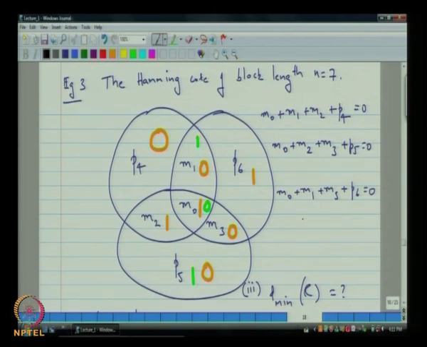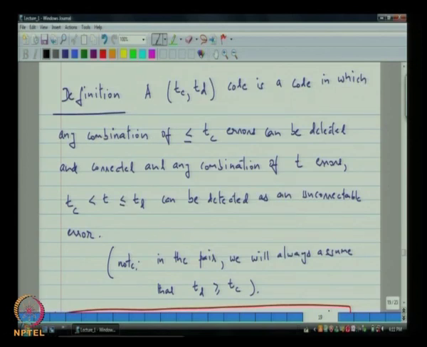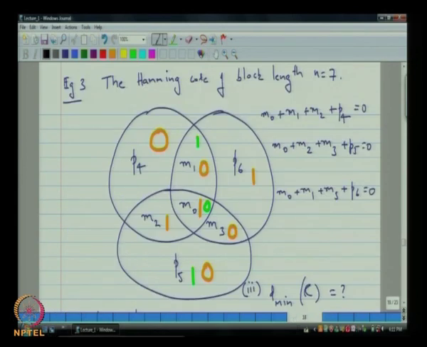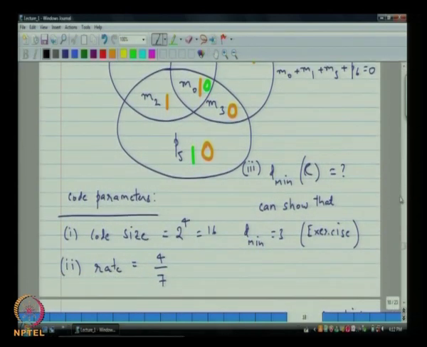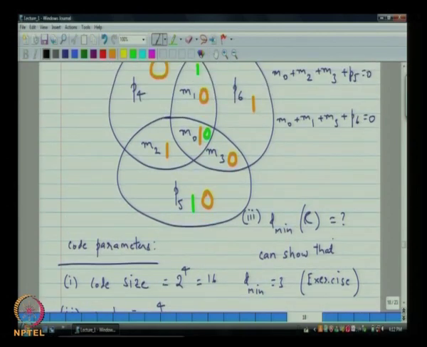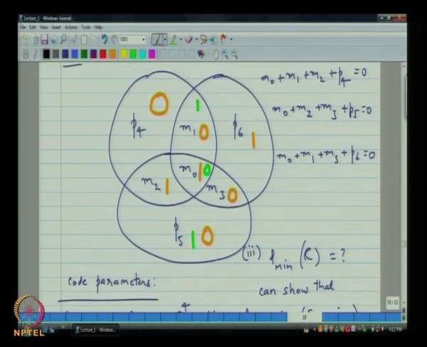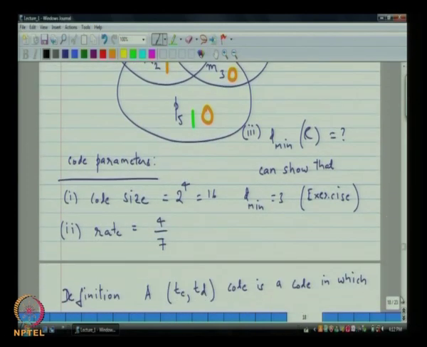And from these equations it is possible to determine the parameters of the code, which in this case turn out to be: the size of the code is 16 because there are 4 message symbols, the rate is 4/7, and the minimum distance you can show is 3, and I left it to you as an exercise. Later on we will see an alternative and perhaps simpler way of proving that the minimum distance of this code is 3.